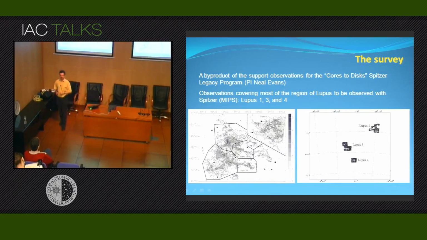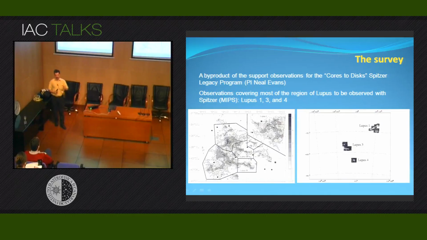It is a survey of star-forming regions, composing the legacy program From Molecular Cores to Planet-Forming Disks, which is led by Neal Evans at the University of Texas, and has also an important European component, which is led by Ewine van Dishoeck, who is now sharing her time between Leiden and Garching.